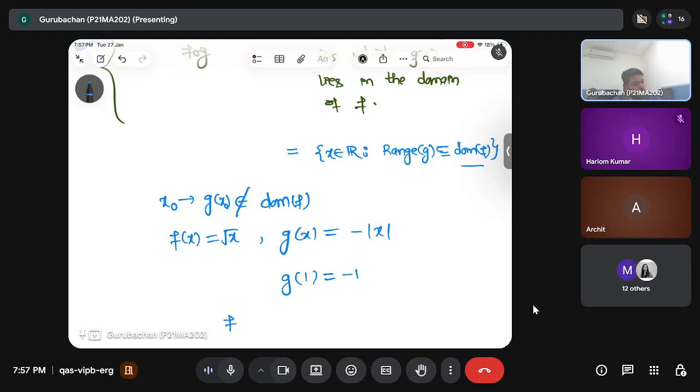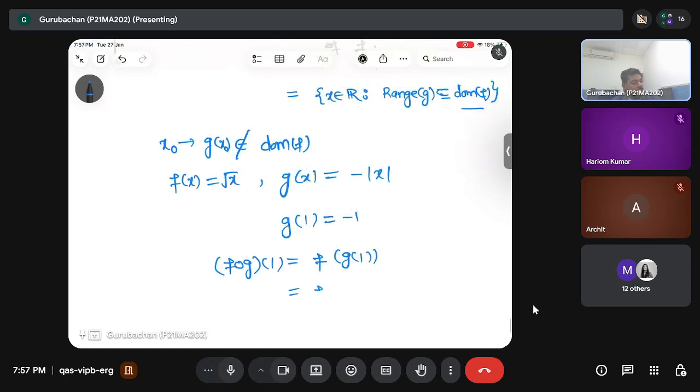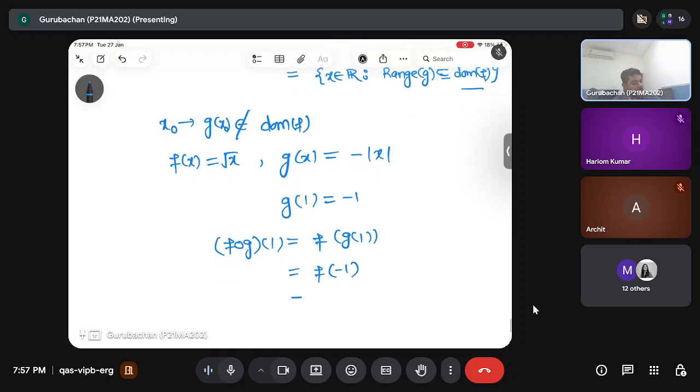What will be f o g at 1 if you try to calculate? It will be f at g at 1, correct? So what is g of 1? Minus 1. So what is f at minus 1? Under root minus 1. So will it be defined? No, sir. Why? What is the reason?